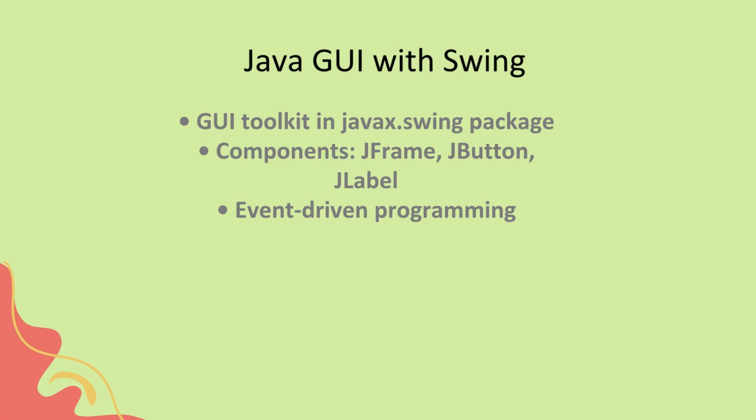Let's shift our focus to building graphical user interfaces, or GUIs, with Java Swing. Swing is a GUI toolkit that provides a rich set of components for creating desktop applications with a look and feel that can be customized across different operating systems. All the core Swing components are found within the javax.swing package.